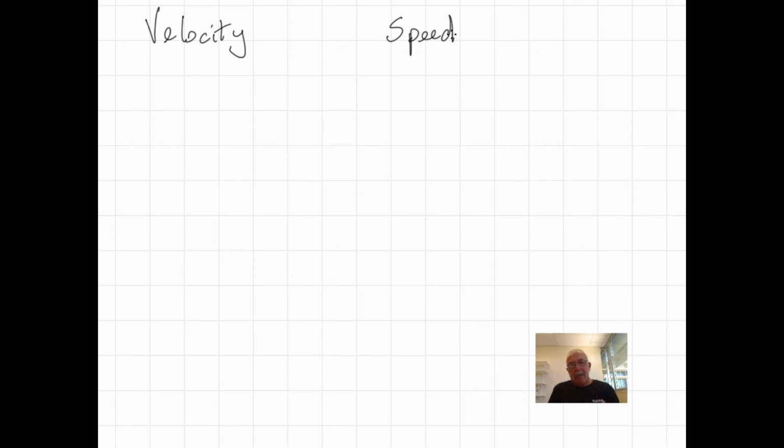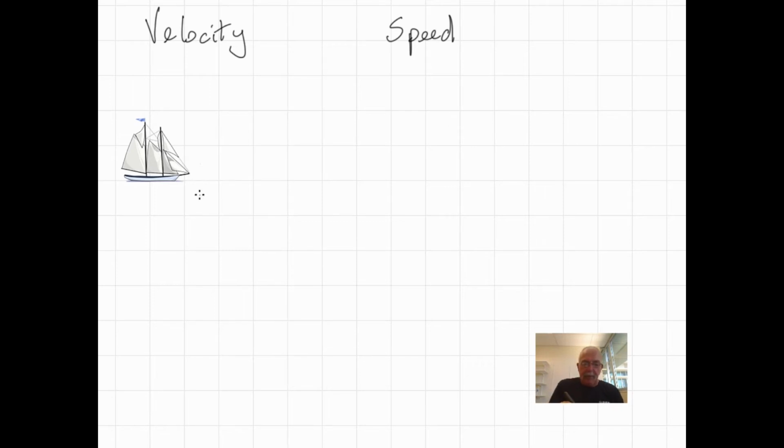This you'll need to be familiar with by the end of this unit. You'll be able to work all different scenarios with this situation. So what we're going to do is look at the situation where we've got a boat, maybe not as fancy as that boat, and it will cross a river.